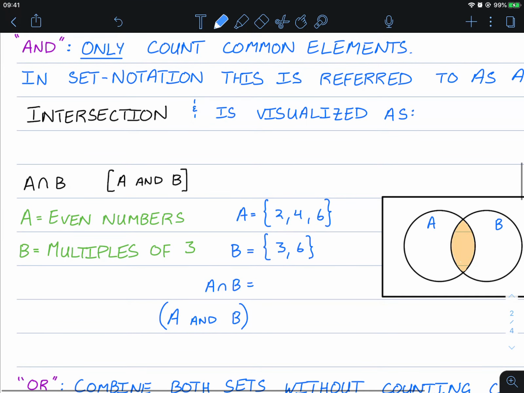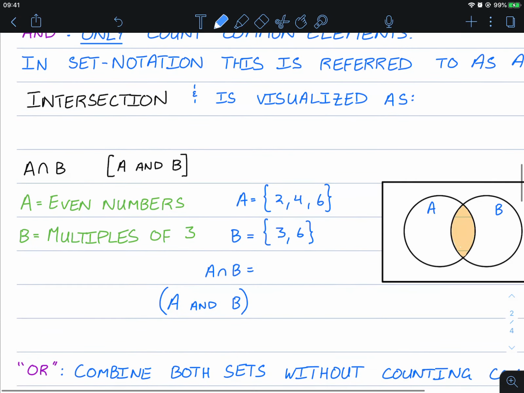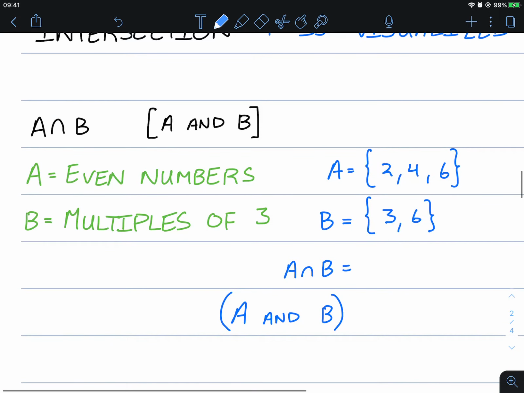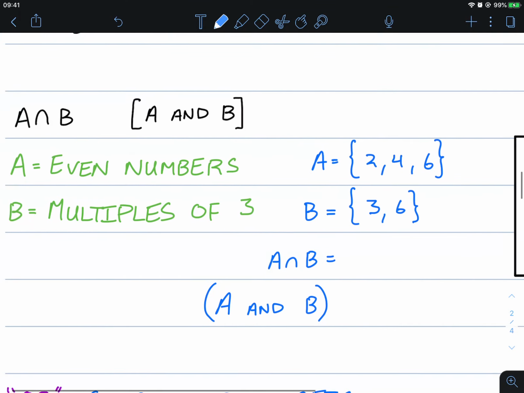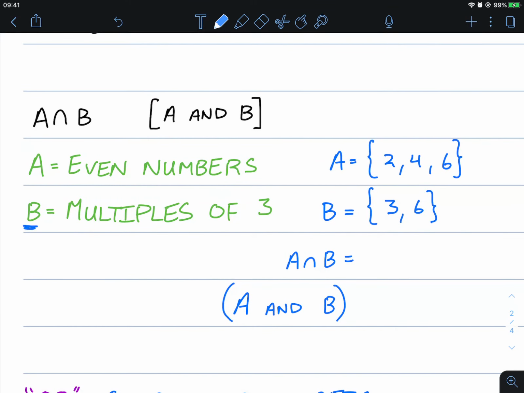So going back to what we saw, this is A intersect B, or it can be written as A and B. So we saw before that set A are the even numbers 2, 4, 6. Set B are the multiples of 3, 3 and 6.